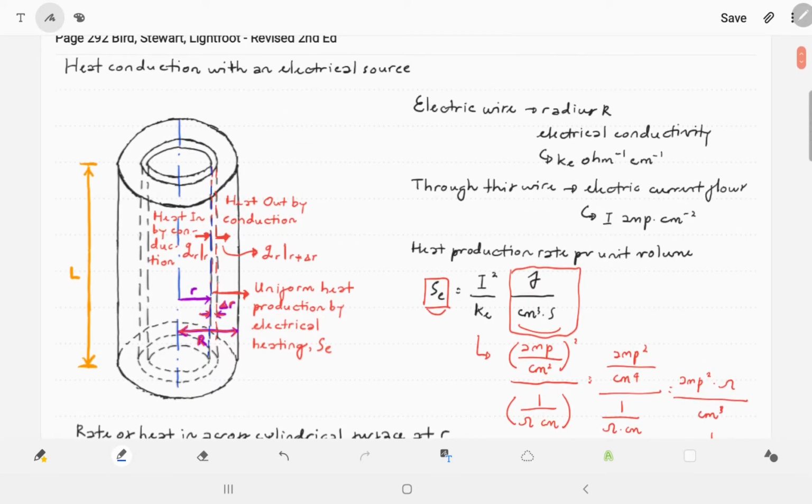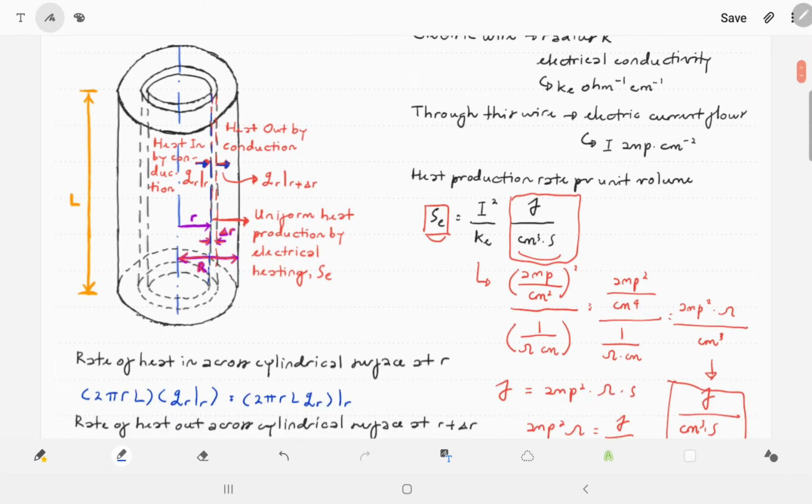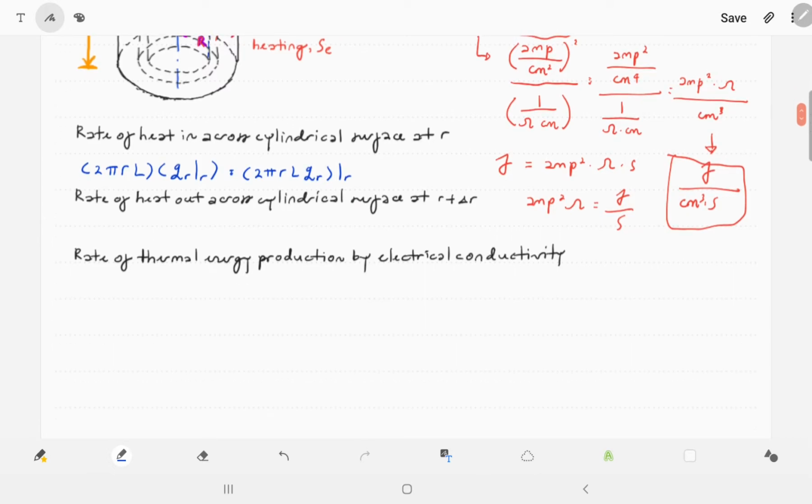Then the second term, the heat out, is 2 pi (r plus delta r) L multiplied by q_r at r plus delta r. So this can be lumped together into this term, 2 pi r L q_r at r plus delta r.